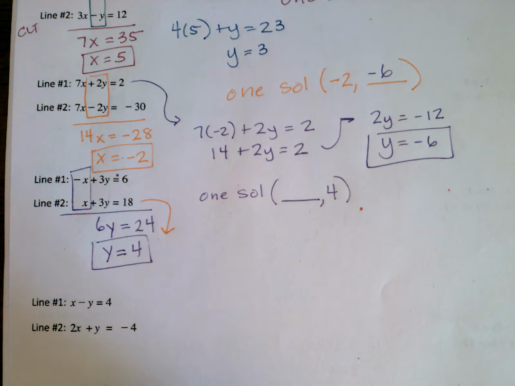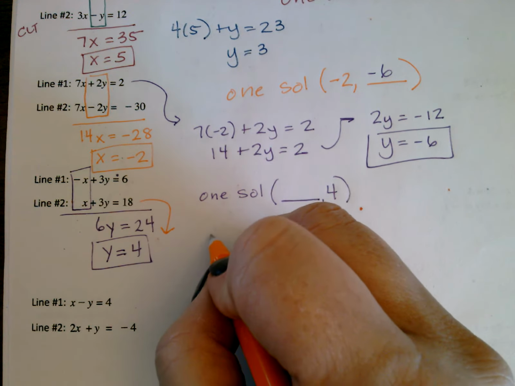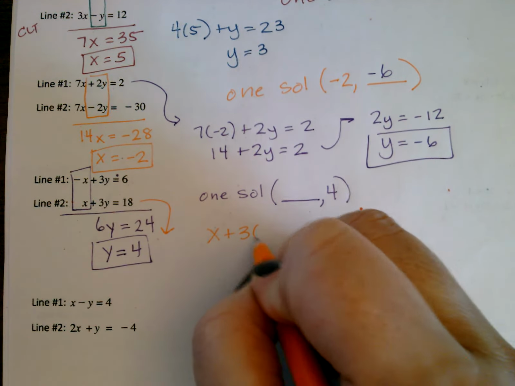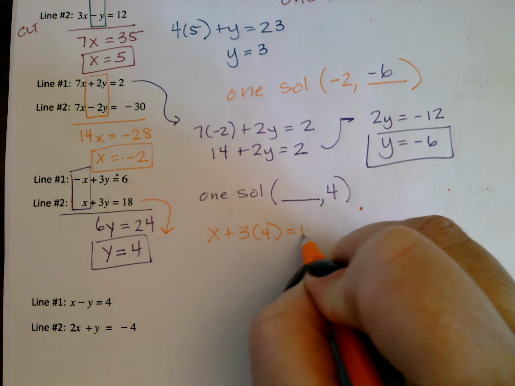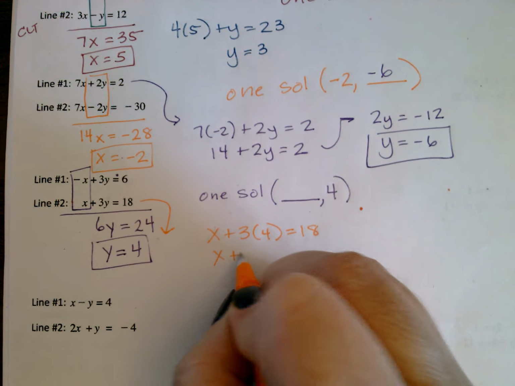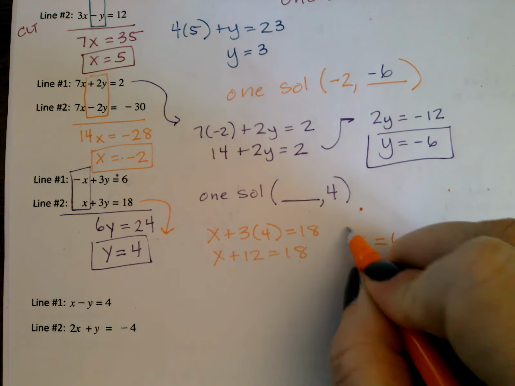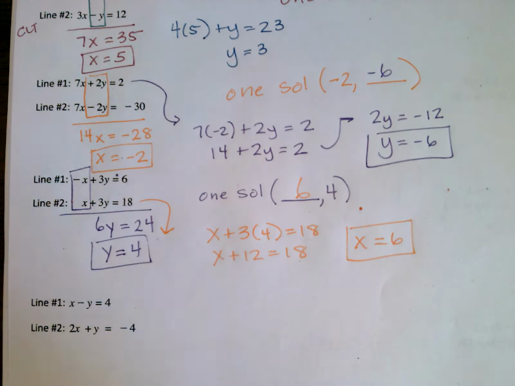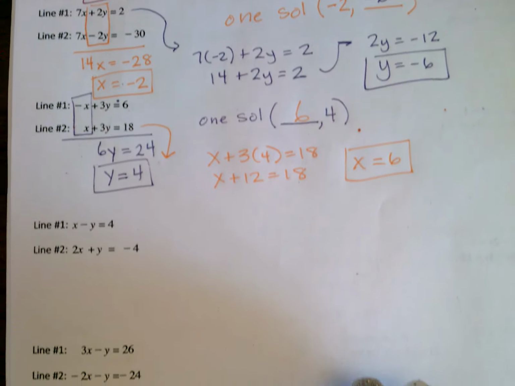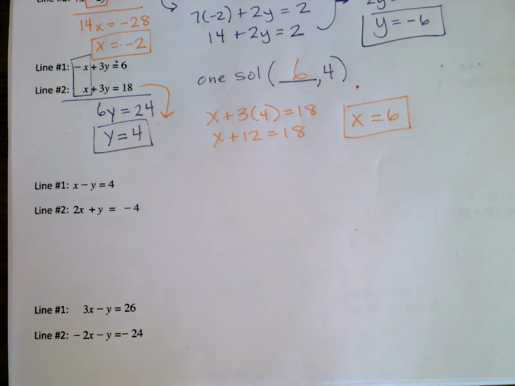I'll put 4 into the second equation. Again, you may pick either one. I'm picking the second one because I want to avoid negative signs. One less thing for me to goof on. x would also equal 6. So those two would cross at the point 6, 4.